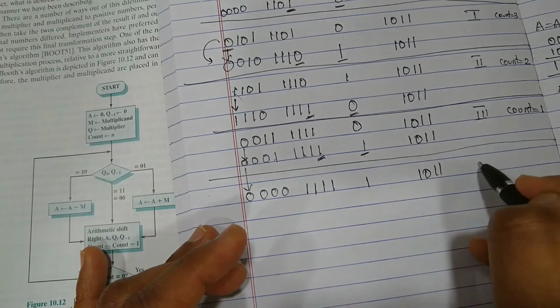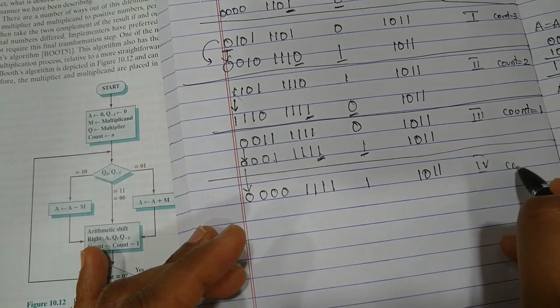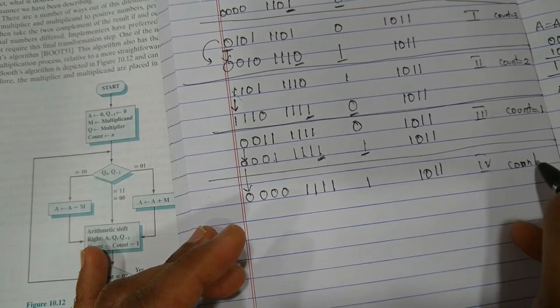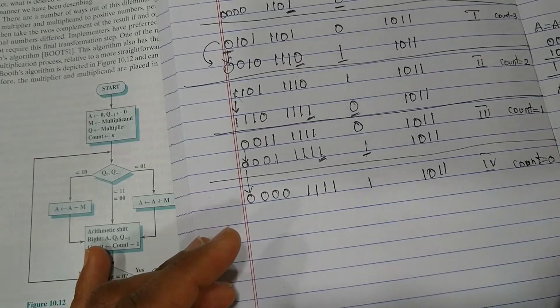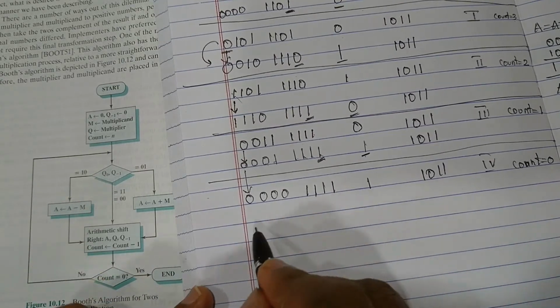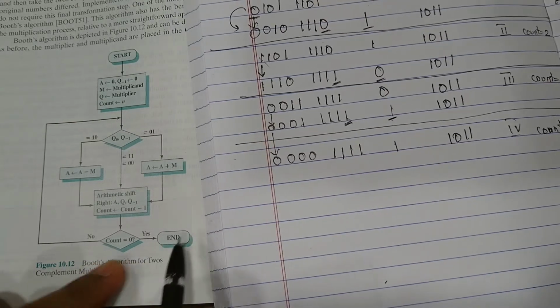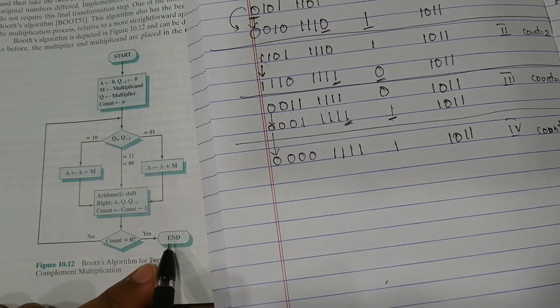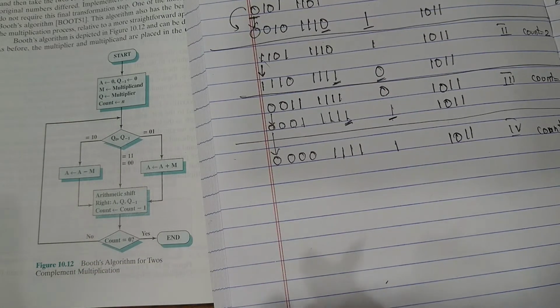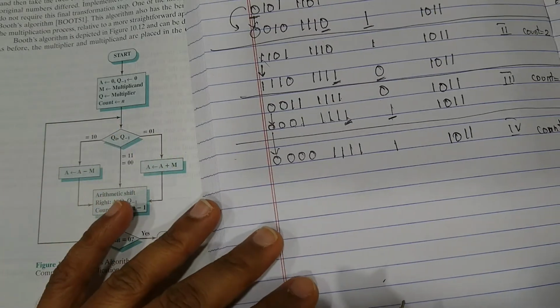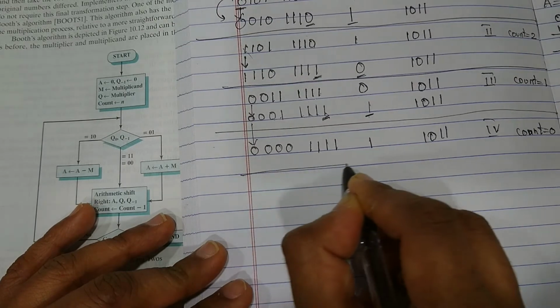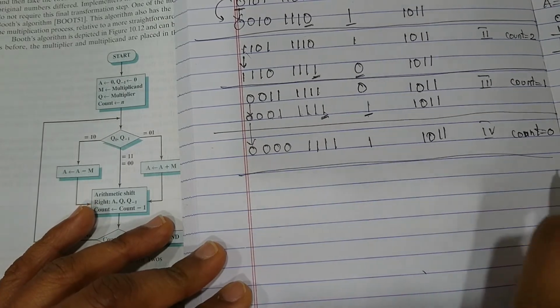This is the 4th iteration, and your count is equal to 0 now. You check the condition. The condition says if count is 0, stop the loop. It means you already got the answer, so you will be finishing the algorithm. This is the end of your algorithm.